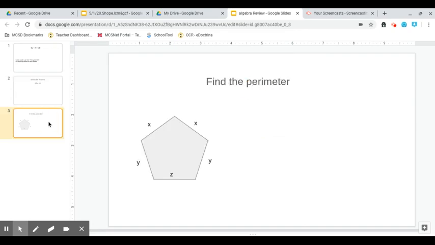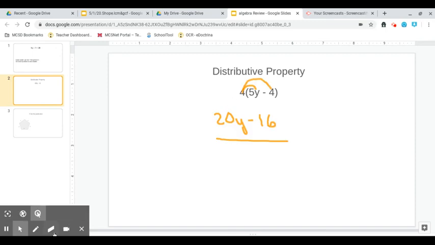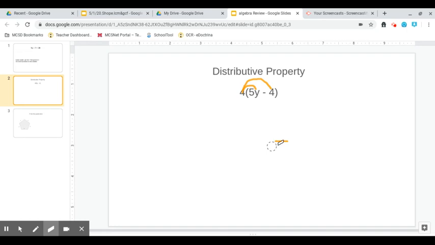Next thing. Actually, before we do this one, I would like to do an opposite version of this. So let's have a problem that says, like, 16y plus 24.